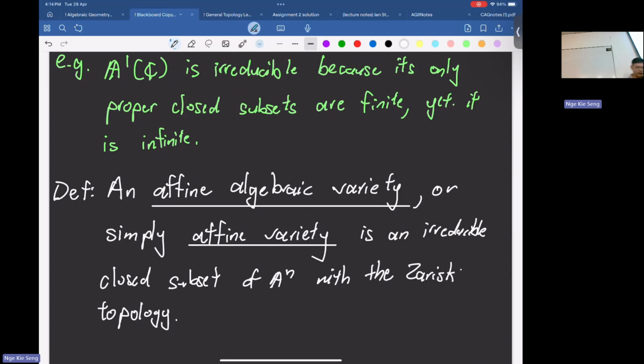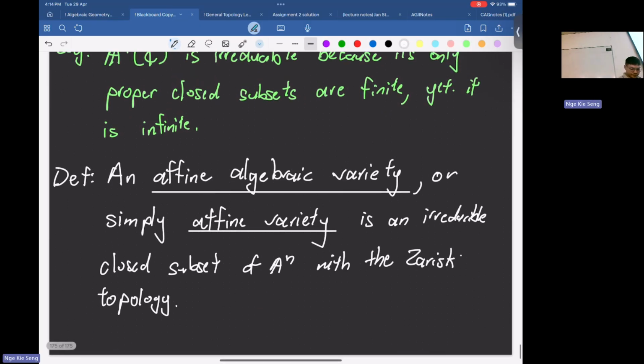Meaning these are the irreducible algebraic sets. These affine varieties are the building blocks of your algebraic sets, because if a set is reducible, then we can write it as a union of irreducibles.